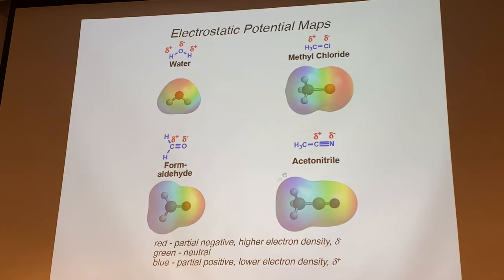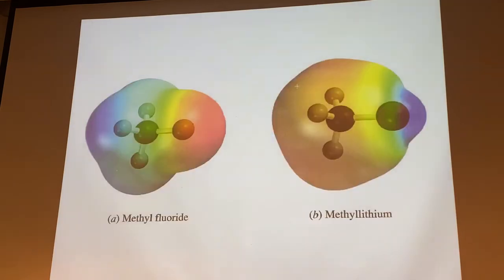Electrostatic potential energy maps, you can see that these are useful. The red coloring here is high electron density. The blue or greener thing is lower electron density. So the polarization here of methyl chloride, you see the red side is the chloride, and then the blue side is the methyl group. And that's for SN2, right? And those type of reactions there. But what we're looking at now are the organometallics.